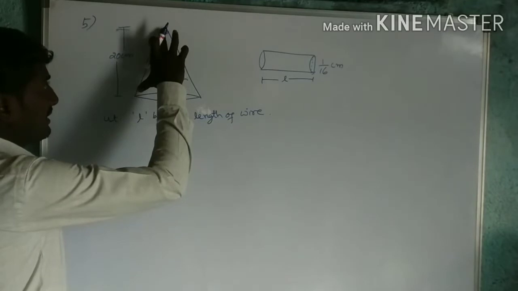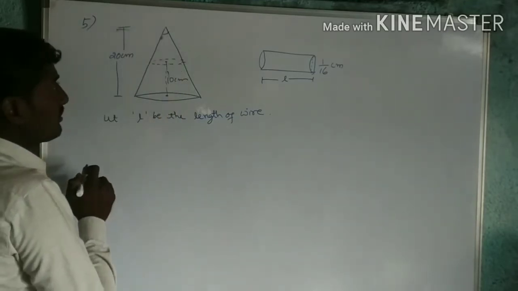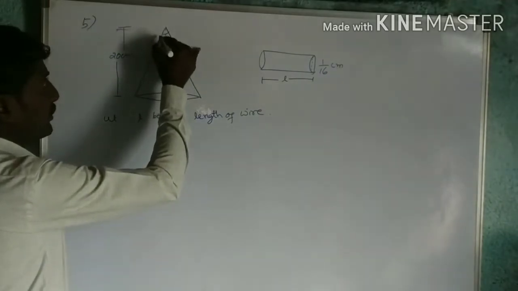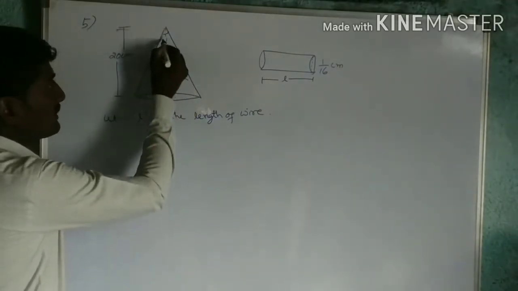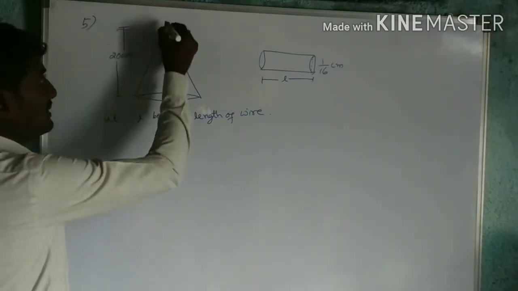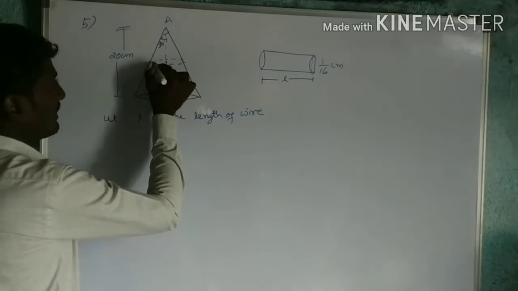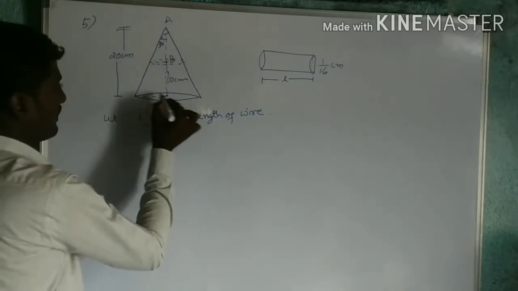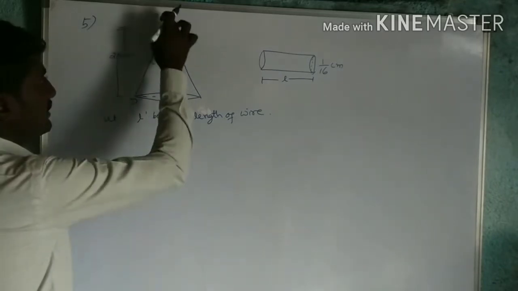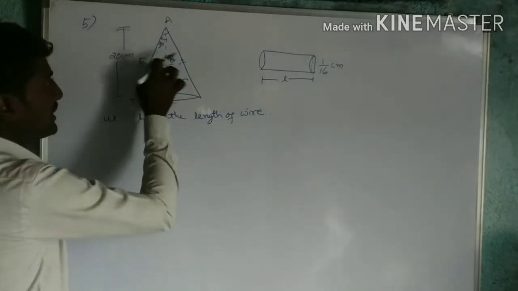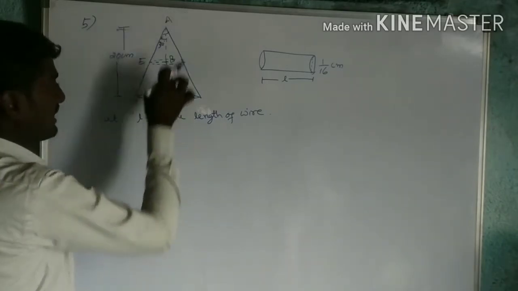Initially H is the height of the cone and the semi-vertical angle is 30 degree. I will mention the names: this I will take as A, and B, C, D, E. A, B, E is one triangle, and another triangle is A, C, D.